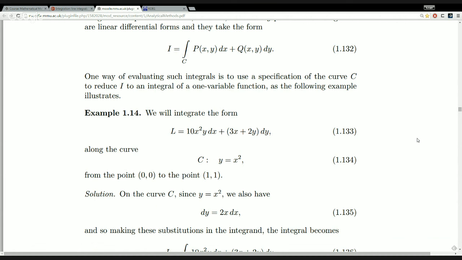So let's say into x. We'll aim to replace the y's and dy's with equivalent expressions in x.